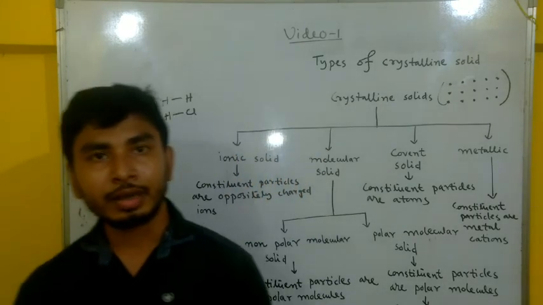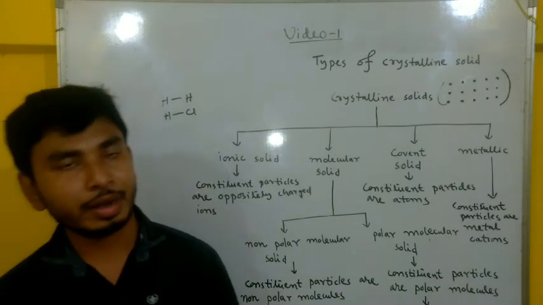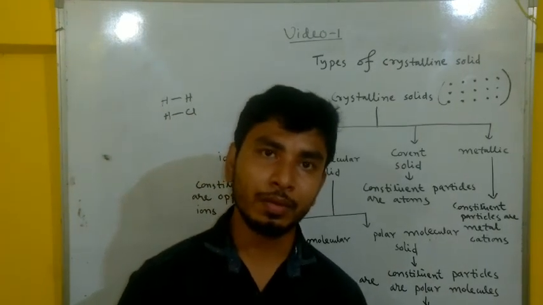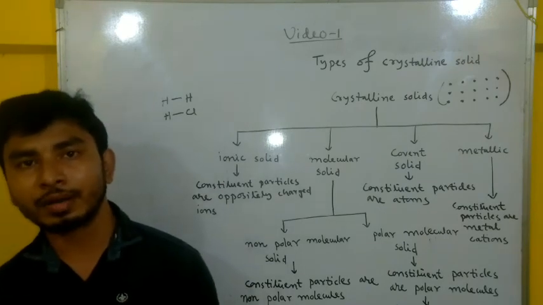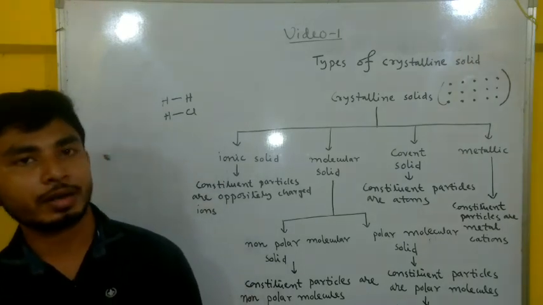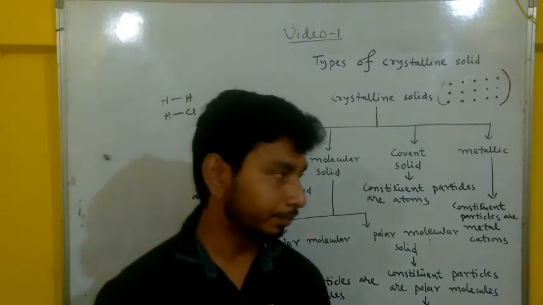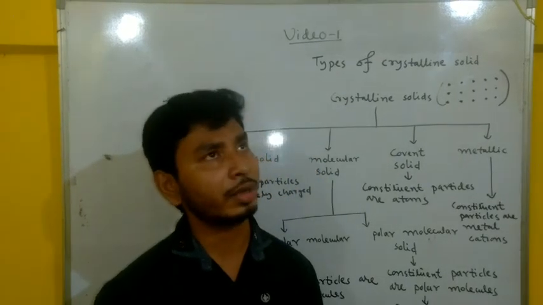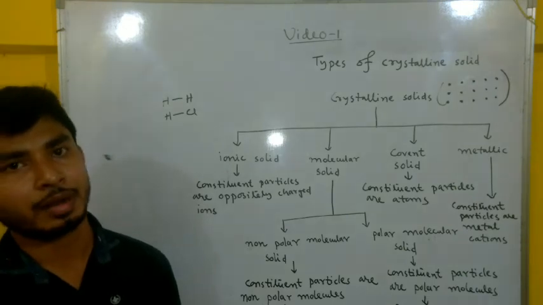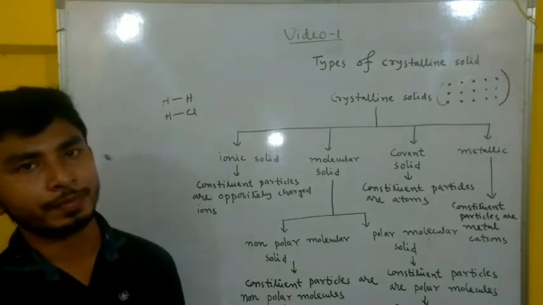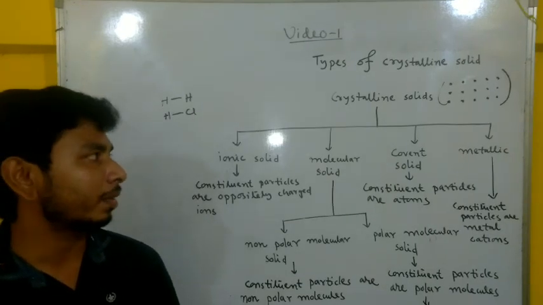It means that if we measure different physical properties in different directions, the value will be different. But in amorphous solid, the value of different physical properties in different directions is the same, which is called isotropy. Next, crystalline solid has a sharp melting point, but amorphous solid does not. Crystalline solid has a fixed enthalpy of fusion. Amorphous solid does not have a fixed enthalpy of fusion.